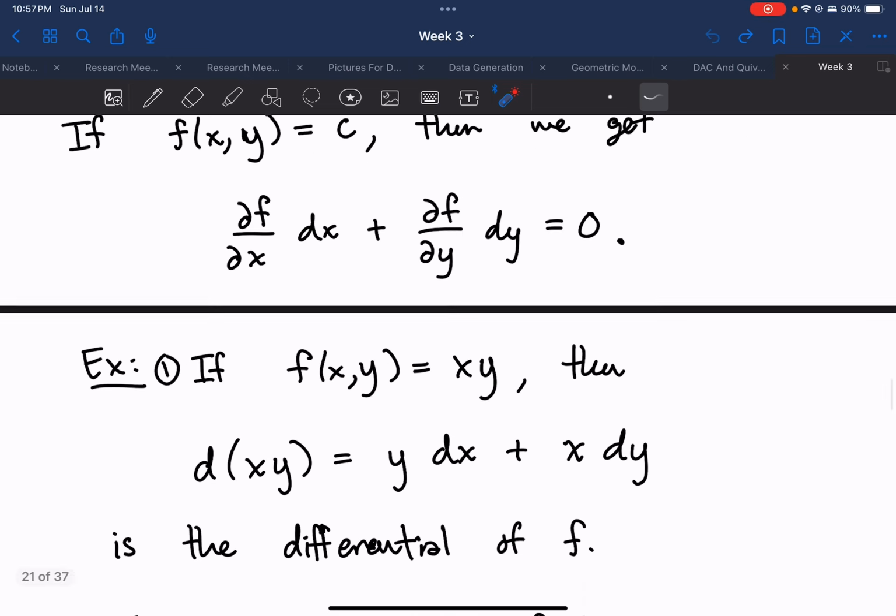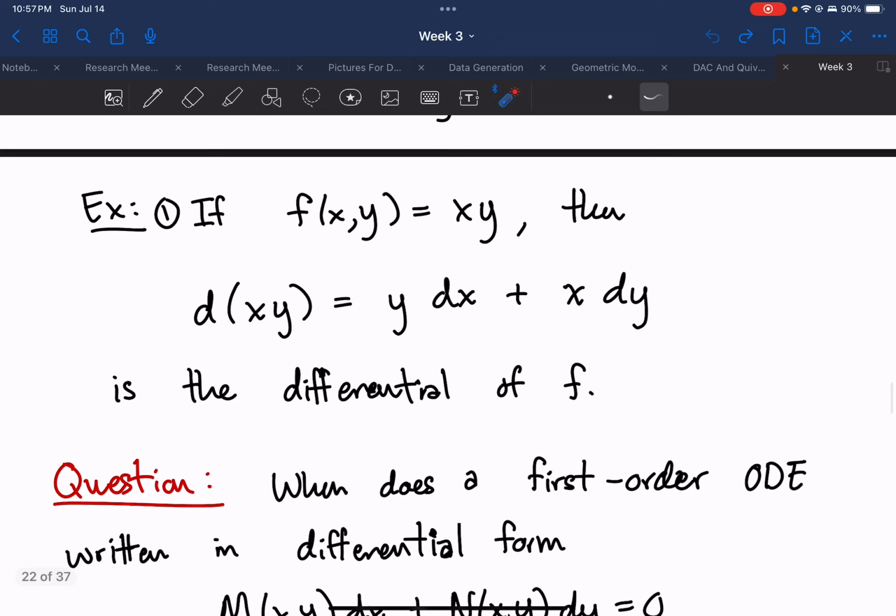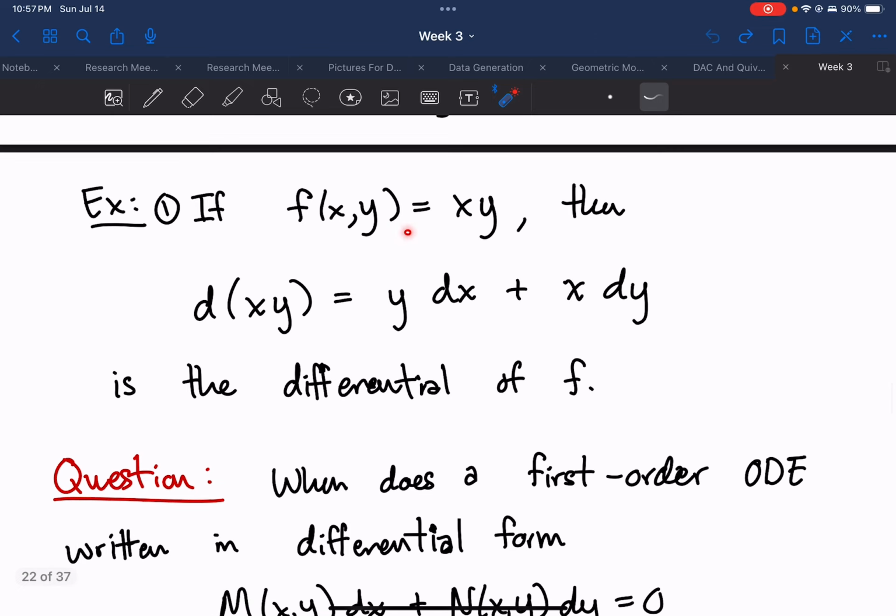Okay, let's look at an example. Let's say f of x, y is equal to xy. Let's say that's our function z. So z equals x times y. Then its differential, the differential of f, is equal to the partial derivative.